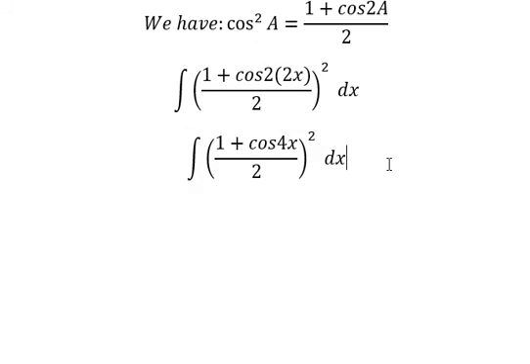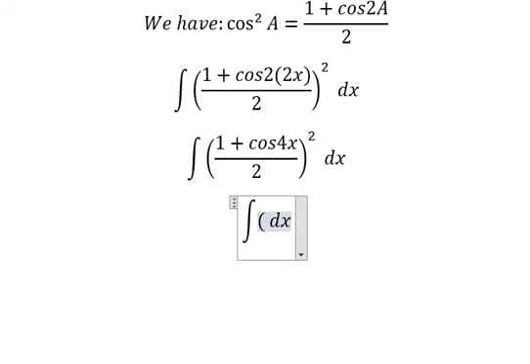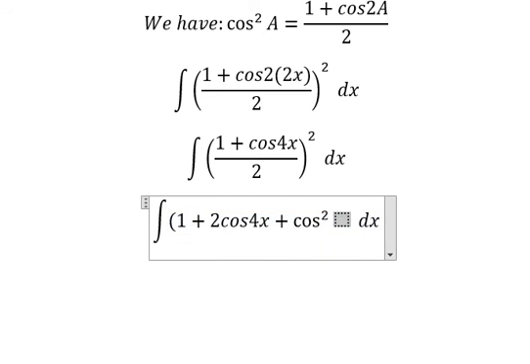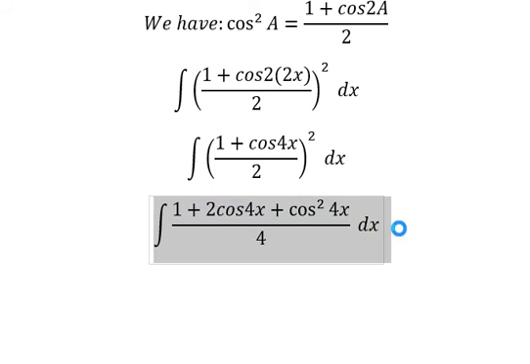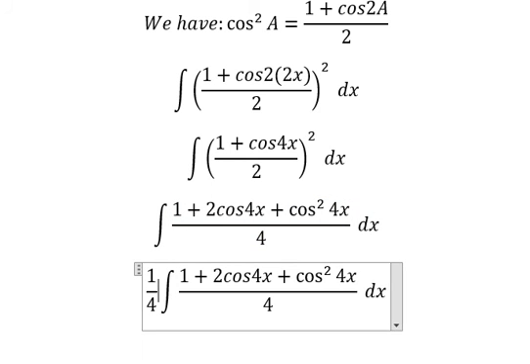Now we need to expand this one. And we got 1 plus 2 cosine 4x plus cosine 4x squared over 4. So I will put the 4 outside.